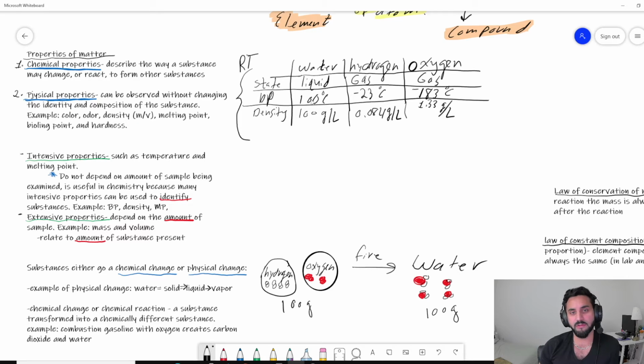The boiling point of water, like I said earlier, is 100, and compared with these two it is dramatically different. Another physical property is density. Water's density is 100 grams per liter, and these two are also dramatically different.